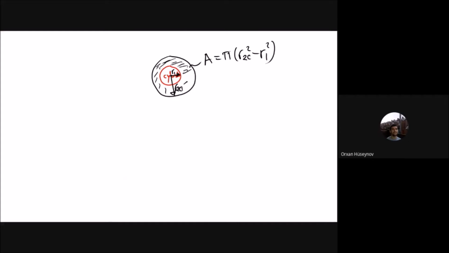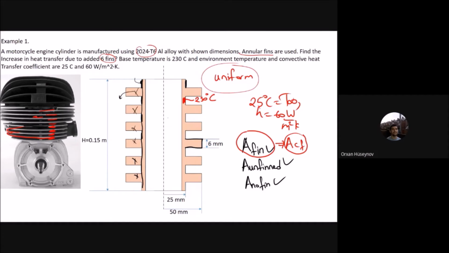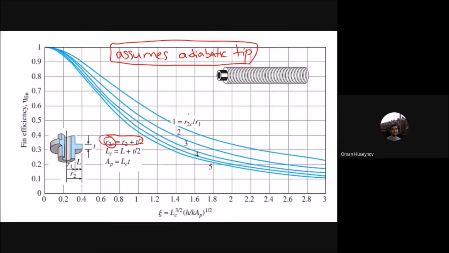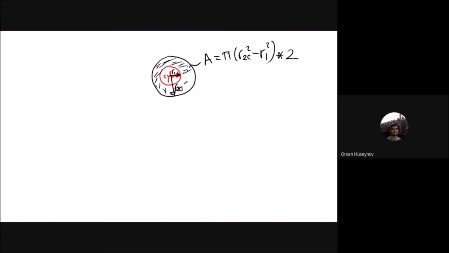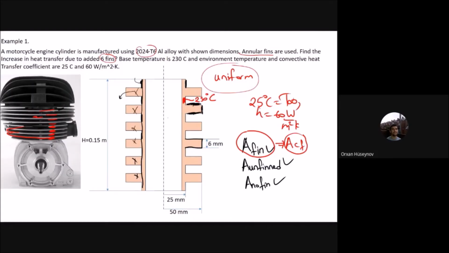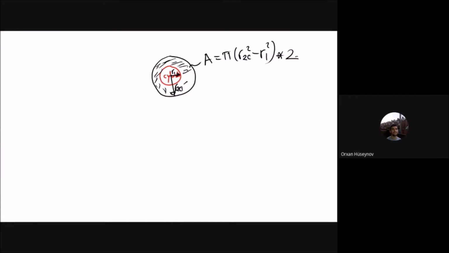This will be the area of the fin here. You have the area on top of it, and another area below it, therefore you have two of it. You have one at the top and one at the bottom, so you should multiply it by 2. And you also have the tip area. Most of the time we neglect it because it is very small.